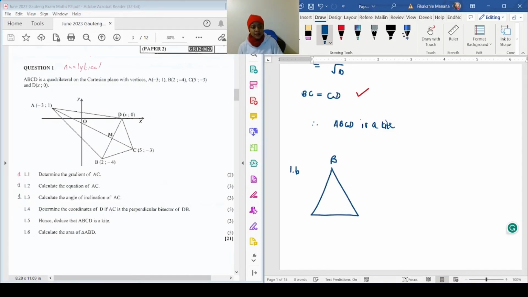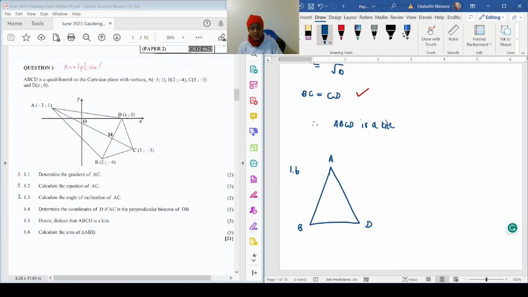I'm just going to draw it straight up. I'm not going to put it in a slanted form. So there we have D, and then we have B. Okay, so what do we know? Calculate the area of triangle ABD.